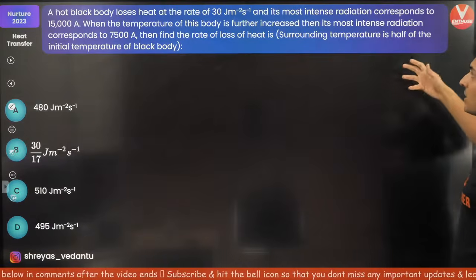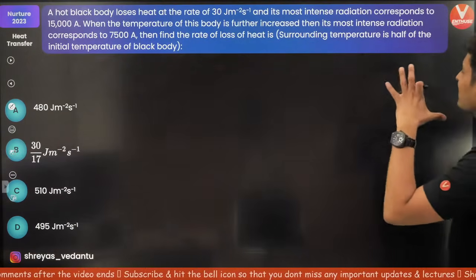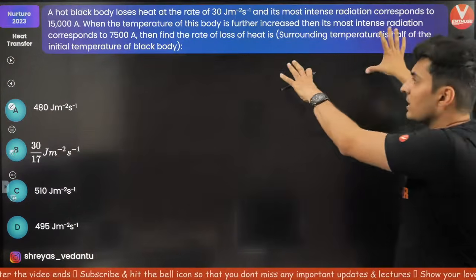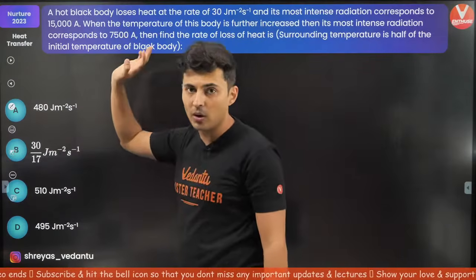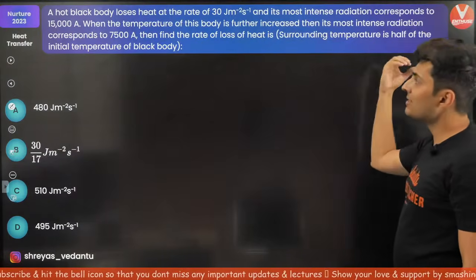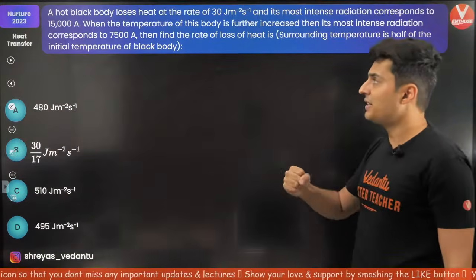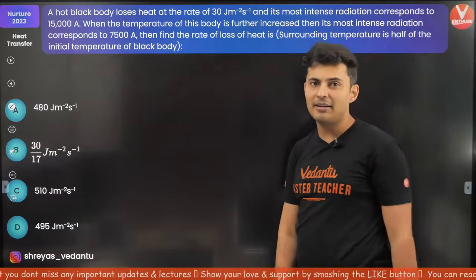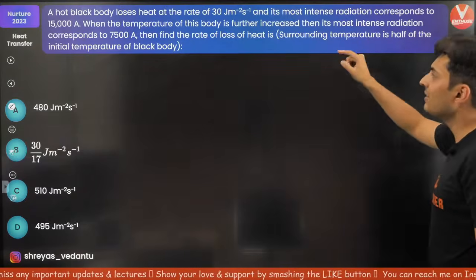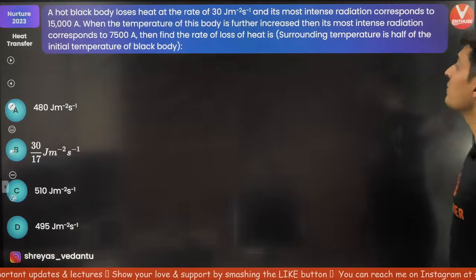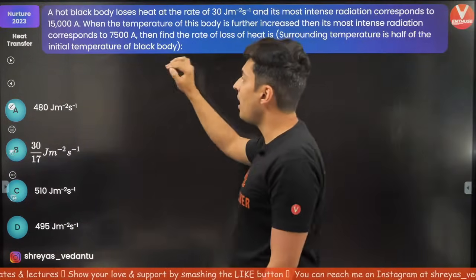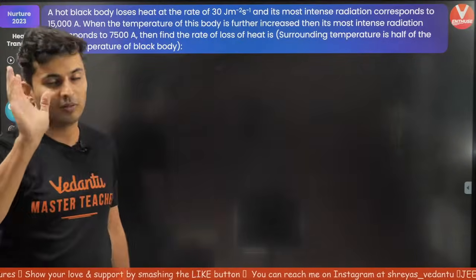That's the energy which is lost. And the most intense radiation is at 15,000 Angstrom. When you increase the temperature, the most intense radiation comes at 7,500 Angstrom. Find the rate of loss of heat if the surrounding temperature is half the initial temperature of the block.